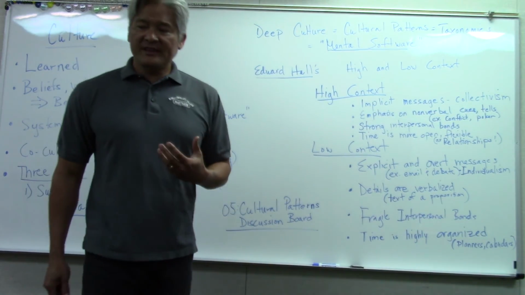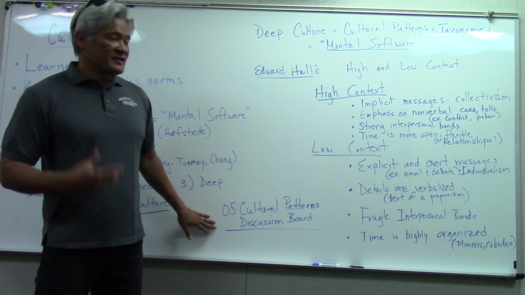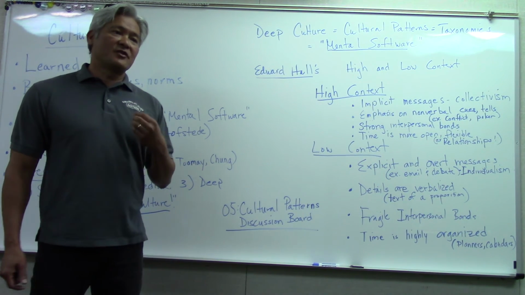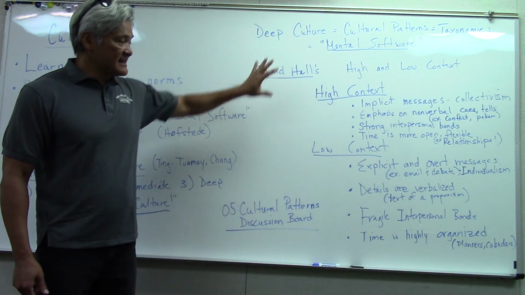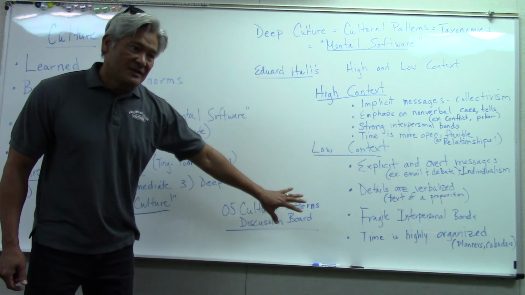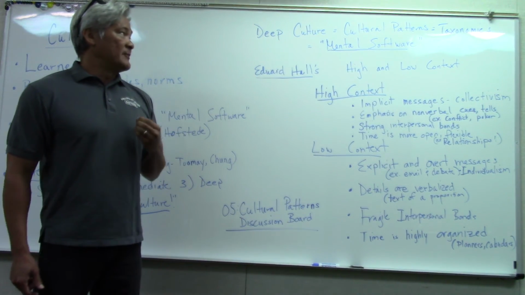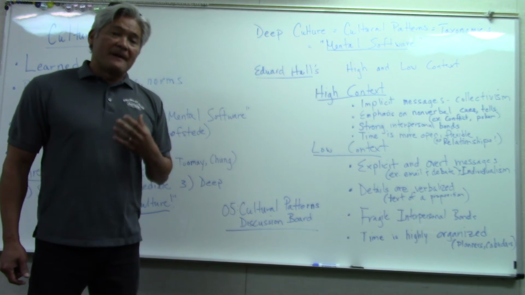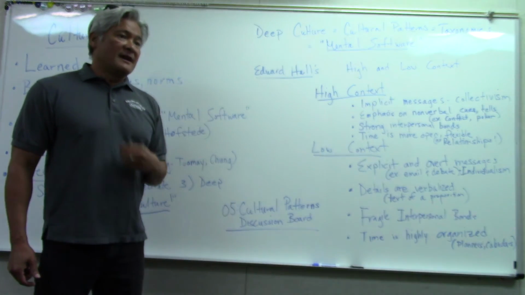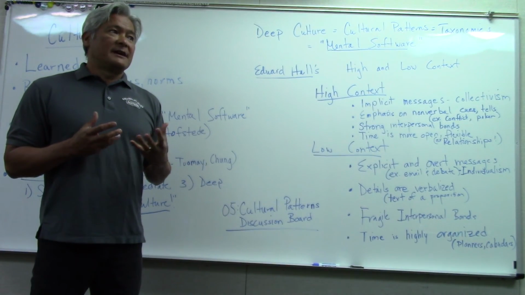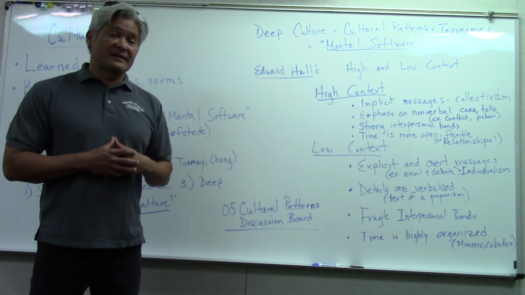And so for this discussion board assignment, I'm going to want you, if you can, to read ahead and go through Geert Hofstede's taxonomies and recognize these are intercultural scholars who have identified these cultural patterns, this deep culture, different kinds of mental software. What I want you to do is identify various continuums of taxonomies or cultural patterns that perhaps you were raised with, okay?